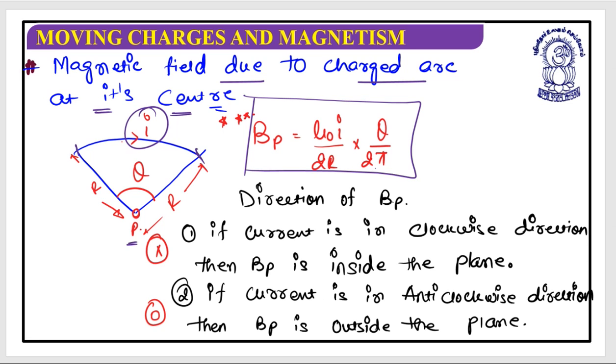To find the direction, if current is in clockwise direction, the magnetic field at point P is inside the plane, denoted by a cross. If current is in anti-clockwise direction, the magnetic field is outside the plane. I hope these things are clear. Yes, these are the points we discussed in the last class.